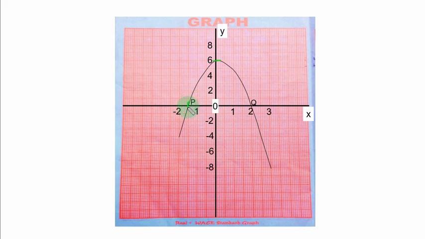When y is 0, x is minus 1.5. And when y is 0 again, x is 2. So these three coordinates will help us to find the values of a, b, c, the constants in that equation before you can write the equation.